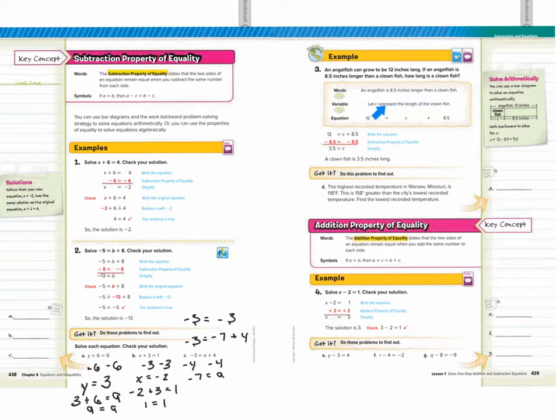So we could let C represent the length of a clownfish. So an angelfish is 12 inches, right? Equals means is. So we're at is 12. That's the angelfish. Now, the clownfish we don't know. But we do know that the angelfish is 8.5 inches longer than the clownfish.